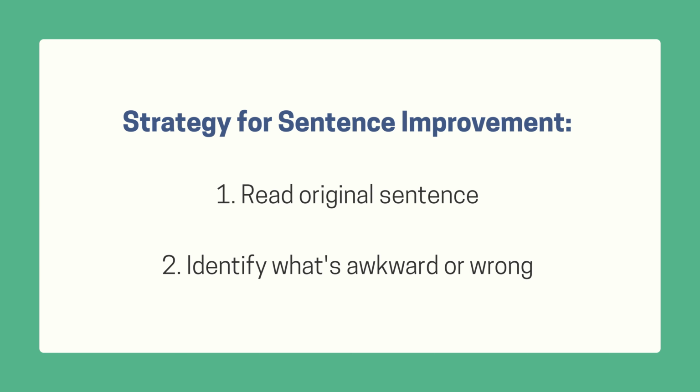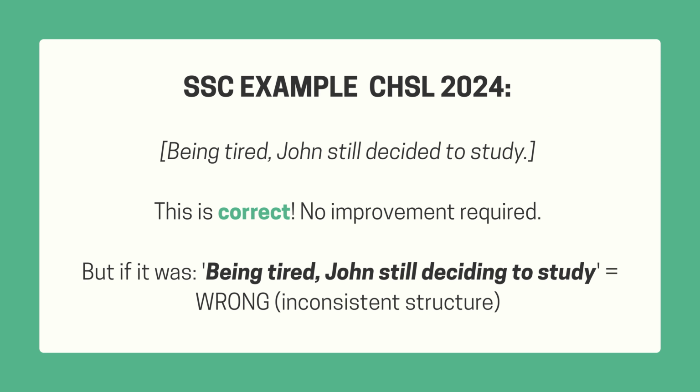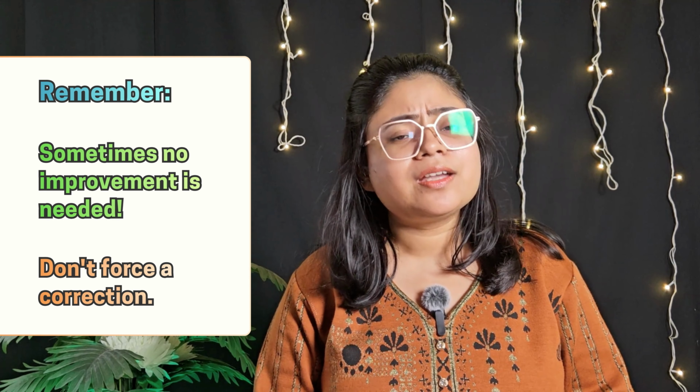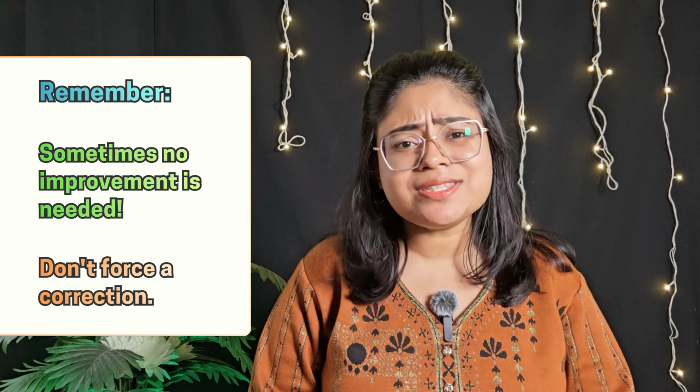Read original sentence. Number 2. Identify what's awkward or wrong. Number 3. Check if options are grammatically correct and natural sounding. Number 4. Choose the most natural sounding correction. Remember, sometimes no improvement is needed. So don't force a correction.